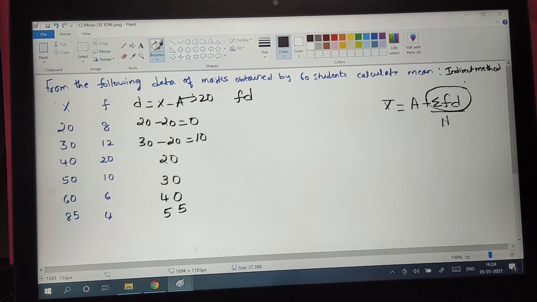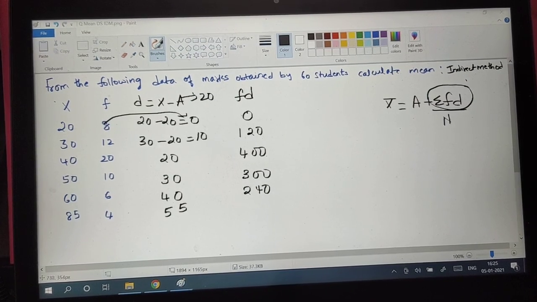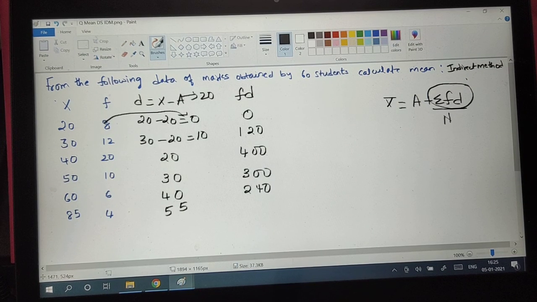Now we are going to multiply f into d as per our formula. We need to multiply and get the total of that column. So this and this column I am going to multiply. 8 into 0 is 0. 12 tens are 120. 20 into 20, 400. 10 into 30, 300. 40 into 6, which is 240. And 55 into 4, it is 220.